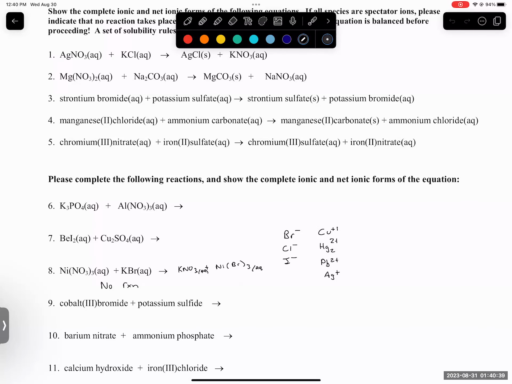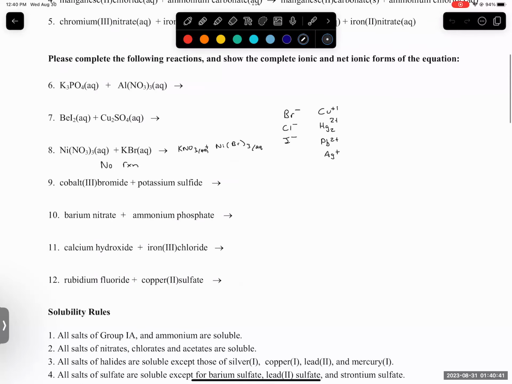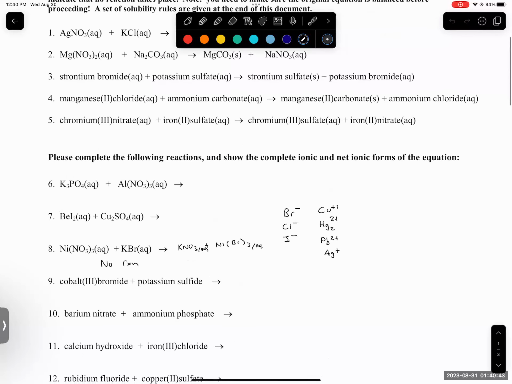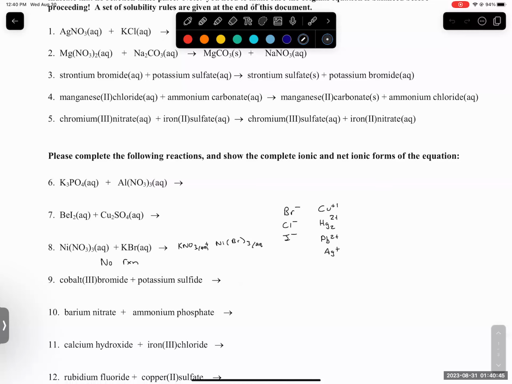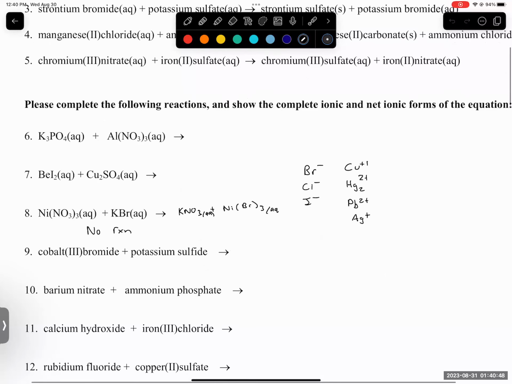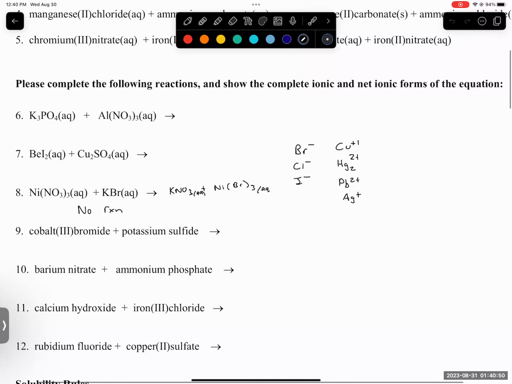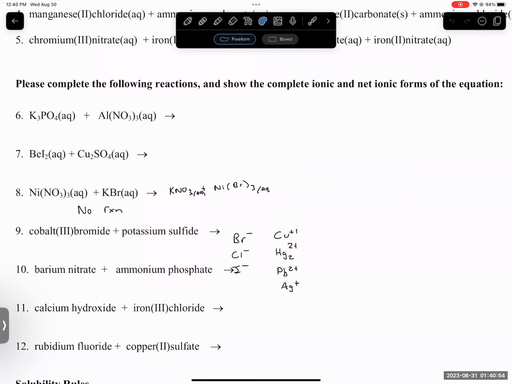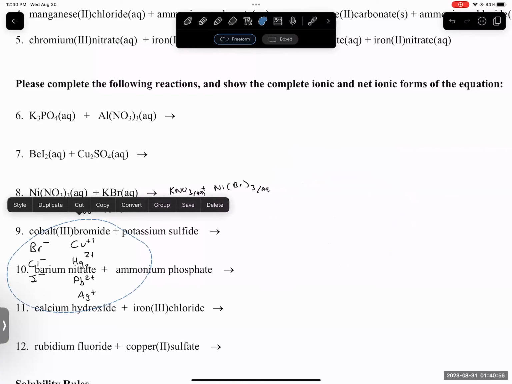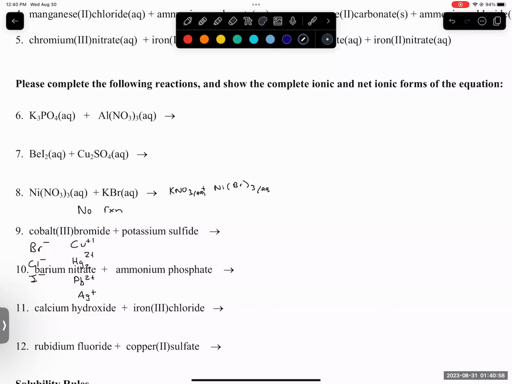All right, let's just do number 6. So not only do you need to know solubility rules, you also need to know what kind of reactions are taking place, so that way you can predict their products.